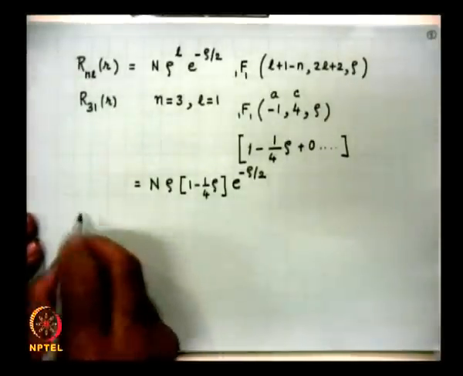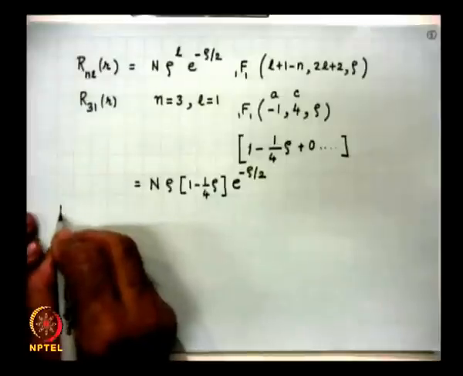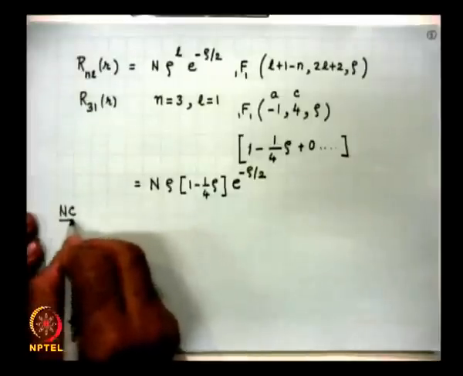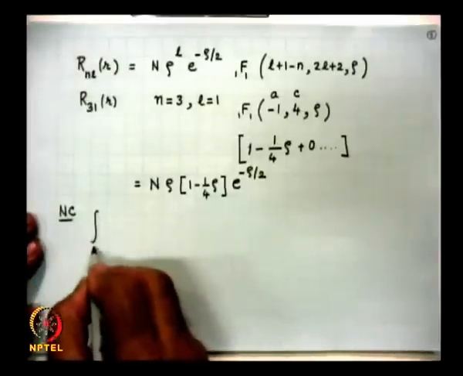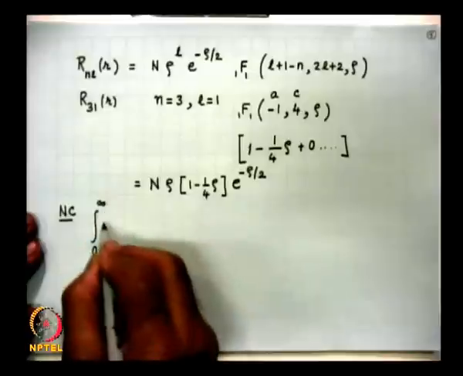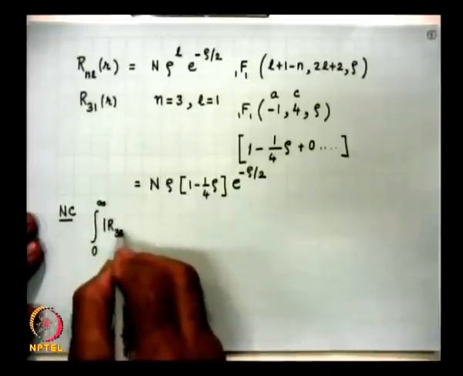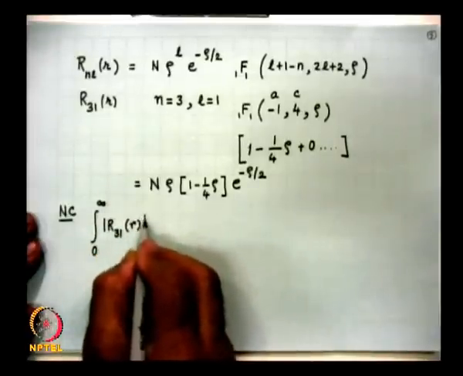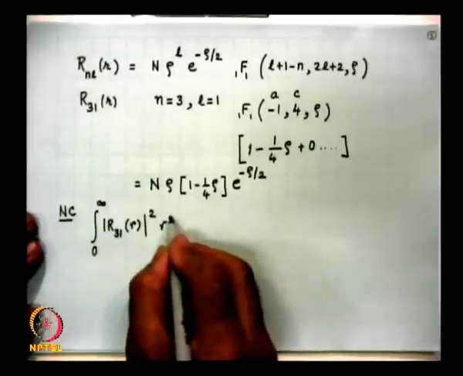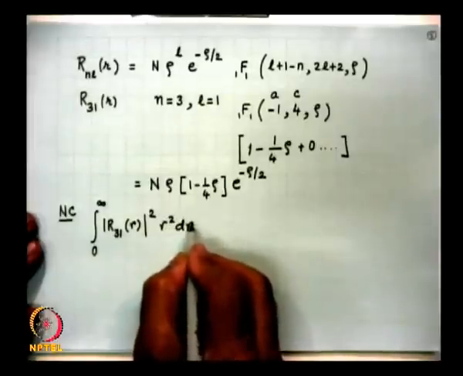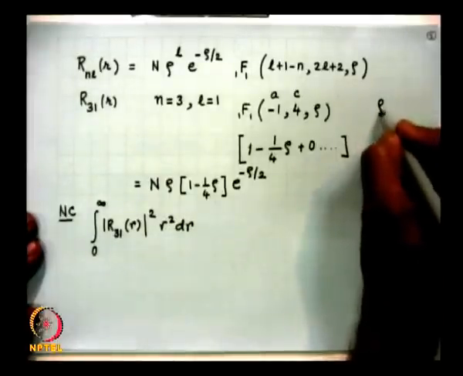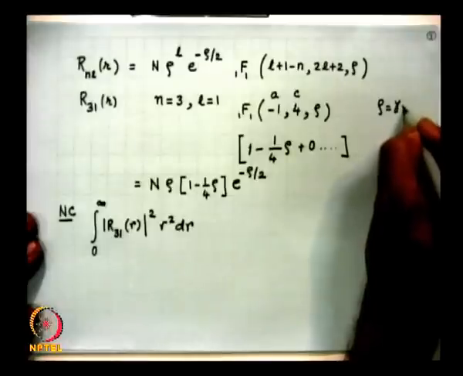So, the normalization condition is integral 0 to infinity R31 of r whole square r square dr. So, rho is equal to gamma r.